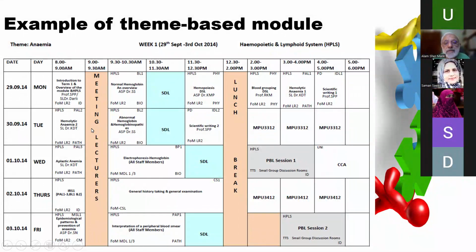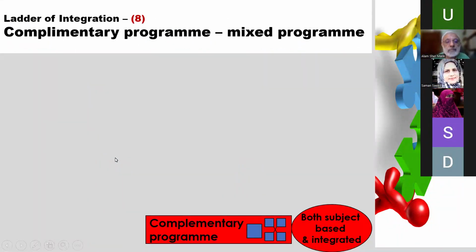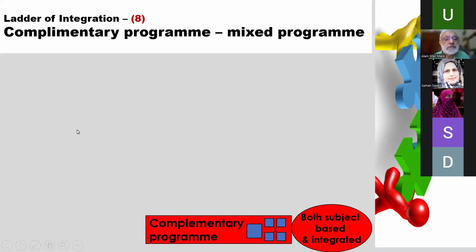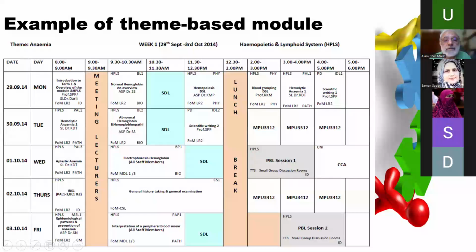So you can see that all the topics here relate to the theme, which is anemia, and different disciplines are contributing. Although different disciplines are contributing, the important thing here is the theme of the week and not the discipline.